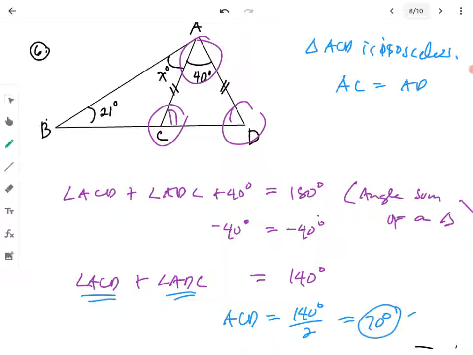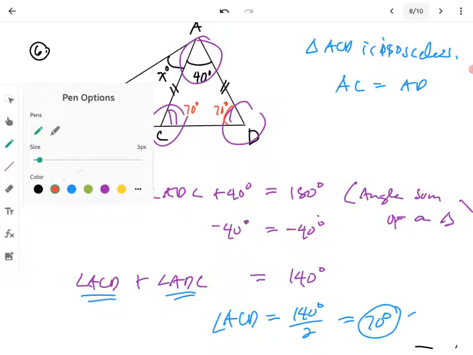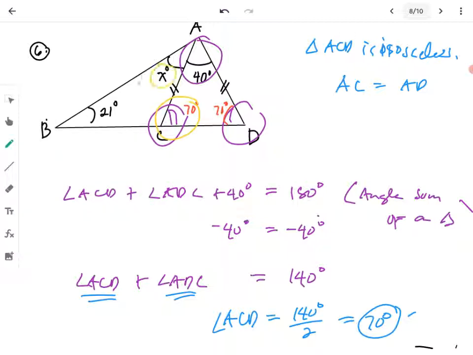So we learn now that angle ACD is 70 degrees. So this one is 70, and this one is also 70. Now we can form an equation of x, the 70, and the 21 using the exterior angle of a triangle.